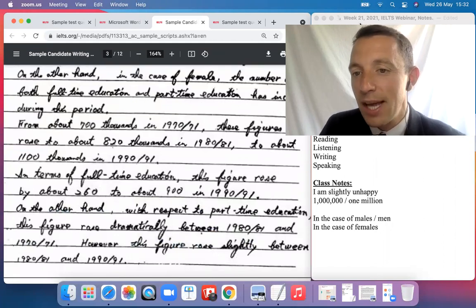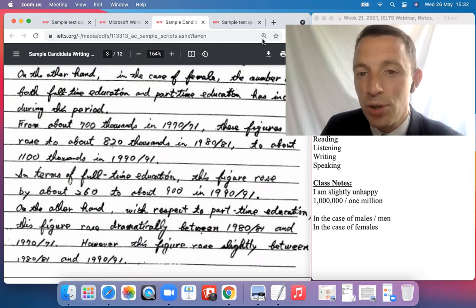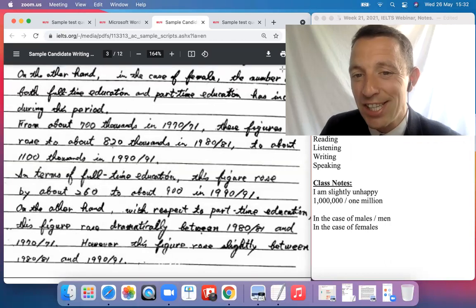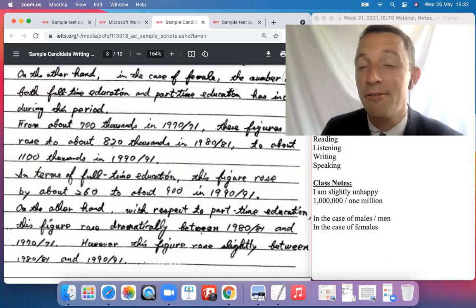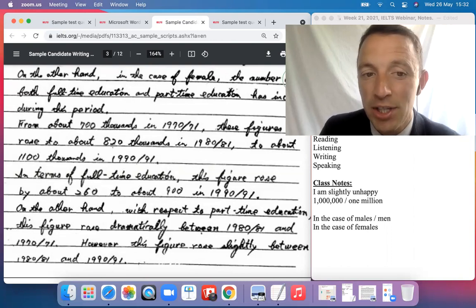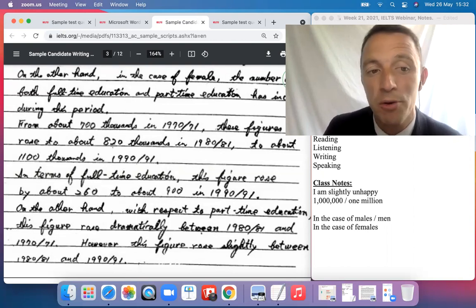A little detail: you can have a look at this sentence yourself and give me your opinion. But for me, I would probably change this word. I would say the number for both full-time education and part-time education. It's a small change, but I think it would be a little bit more comfortable if we said the number for both full-time education and part-time education has increased.